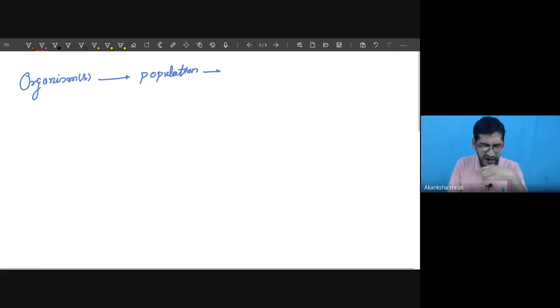Now this larger population, the population of human, the population of elephant, one population compared with the other population, leads to form what is called the community. Now when different kinds of communities and abiotic factors are there, that forms the ecosystem.